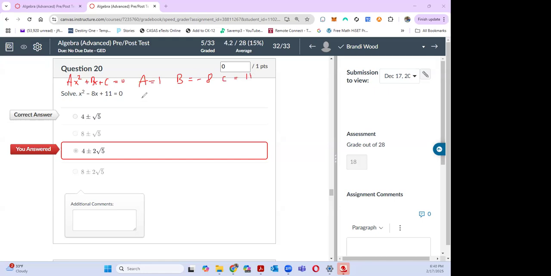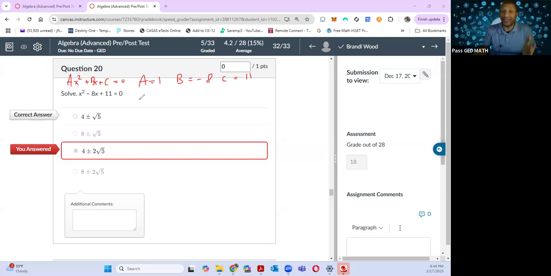Understand that? And then we just plug it into the formula that's on our formula sheet: minus b plus or minus the square root of b squared minus 4ac, all over 2a. So all we're doing is plugging in everything that we know. Instead of minus b, we put minus 8 because b is minus 8.